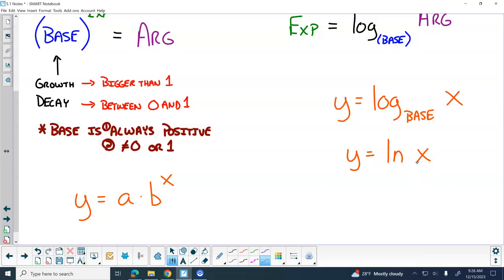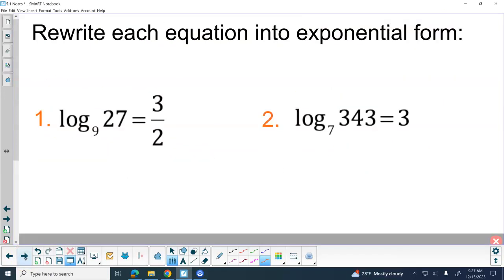This is a special log that we'll get to. This is a log with base e. E is the exponential number that you developed back in Algebra 2. Just wanted to refresh your memories on that. It could also be natural log of x there too. So, we're in log form because I see the word log. That's the immediate tell.